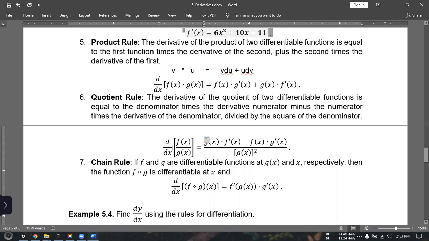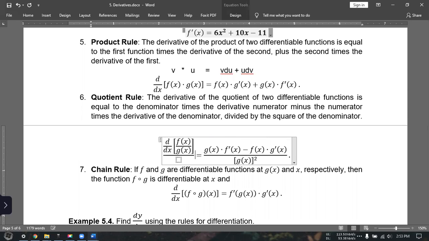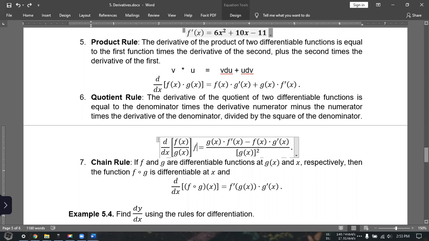So let's say our f is v and our g of x is u, so we have v over u.